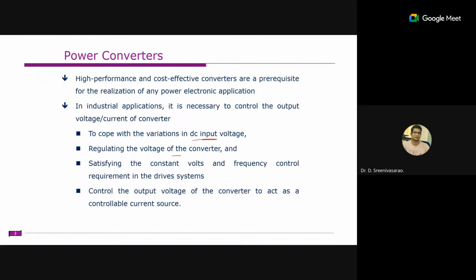In case of motor drive applications, we need to maintain the V/f ratio constant. In applications like renewable energy sources or FACTS applications, we need to operate the converter as a controllable current source or controllable voltage source, depending on your requirement. Most of the times we need to use this, that means operating the converter as a controlled current source or controlled voltage source for the grid integration, or operating the converter as a grid forming inverter.